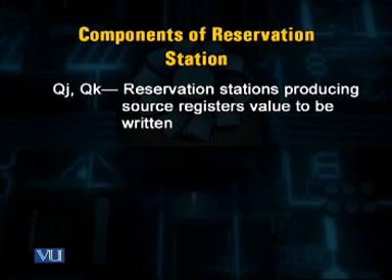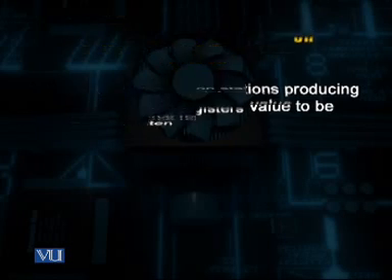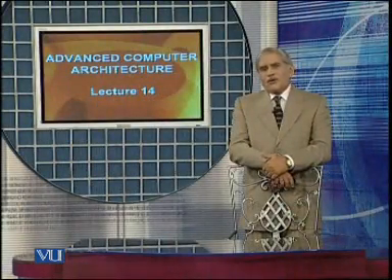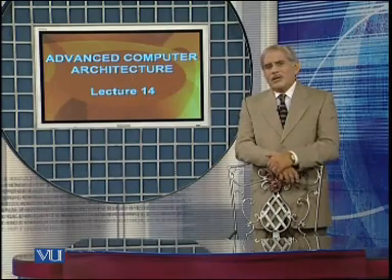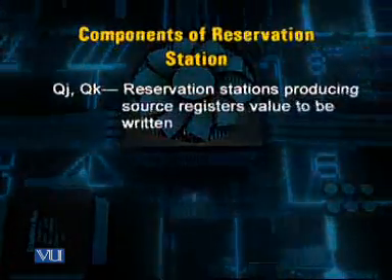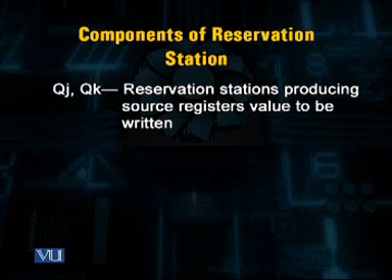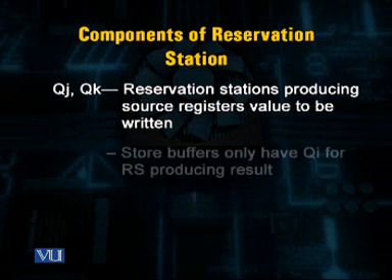symbols Qj and Qk. Note that a ready flag is not used in case of Tomasulo, as we have been using in case of the scoreboard approach. Here, if Qj and Qk are made equal to 0, they are specifying that it is ready.